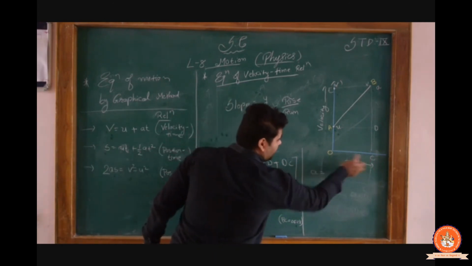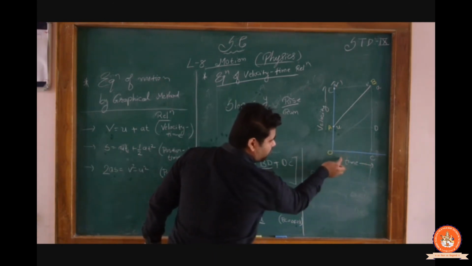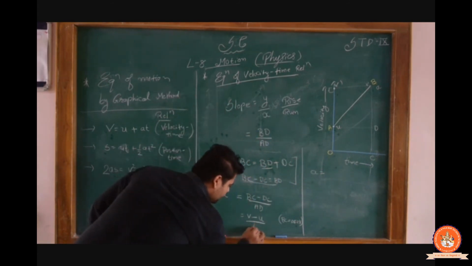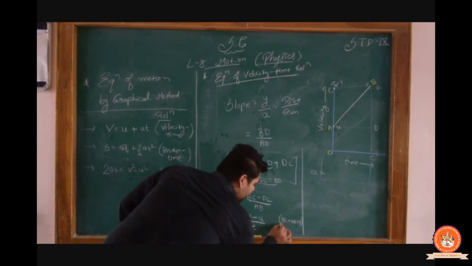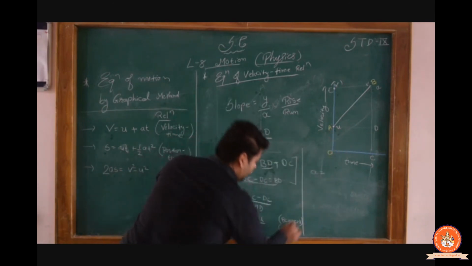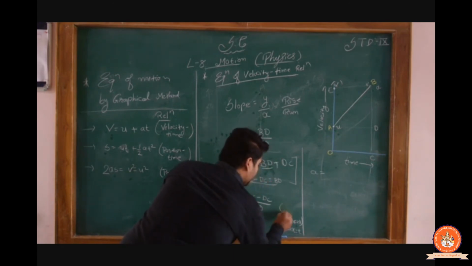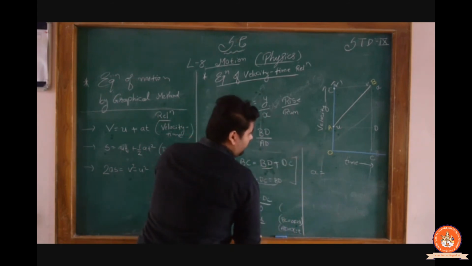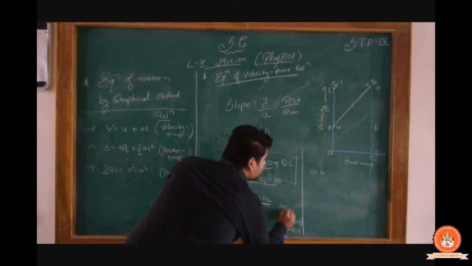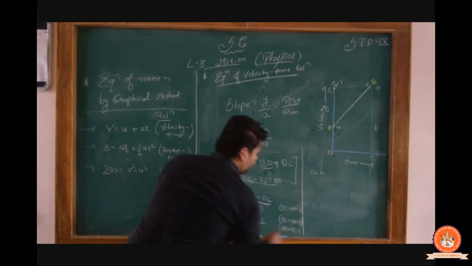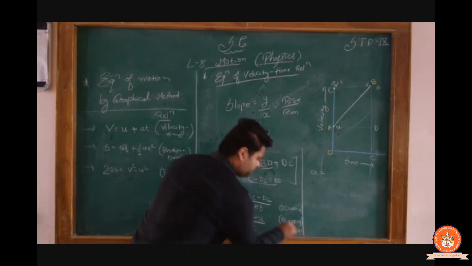AD equals OC, and that is the time relation, so it is t. Here we can write that AD equals OC equals t, and DC equals OA equals u. Clear?